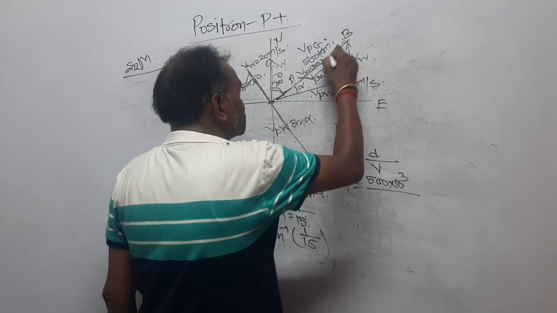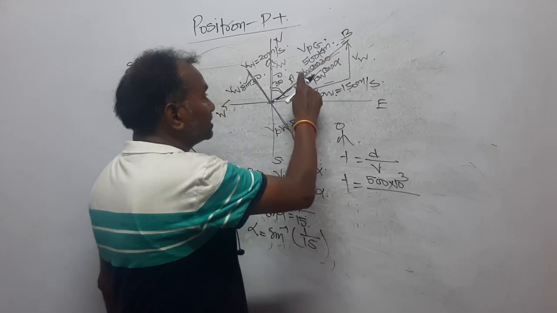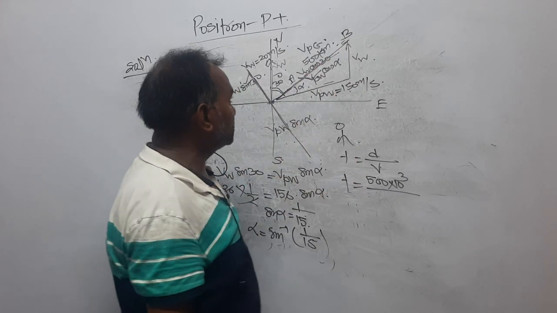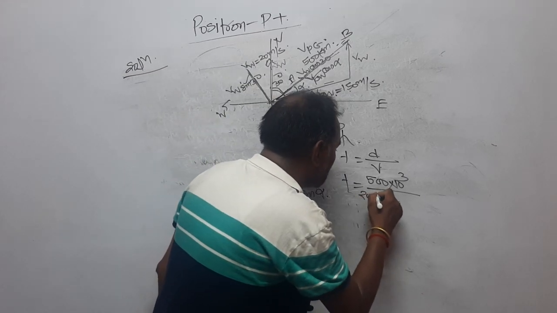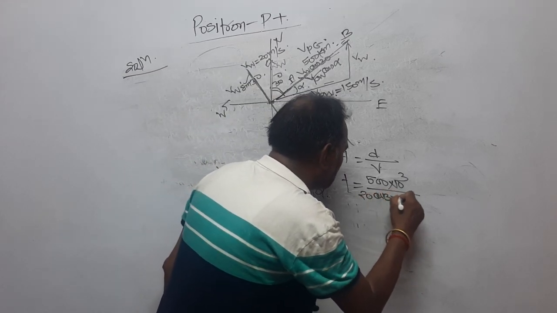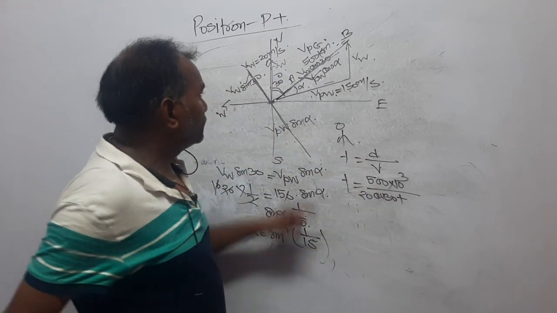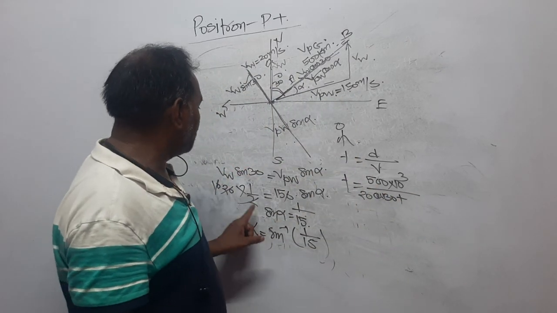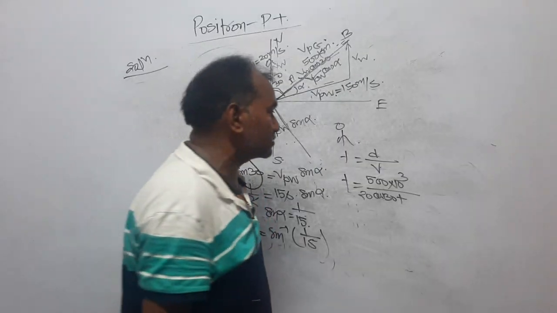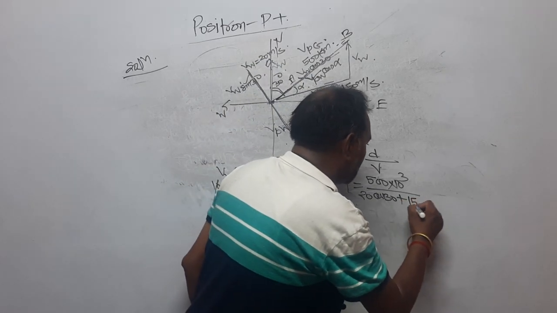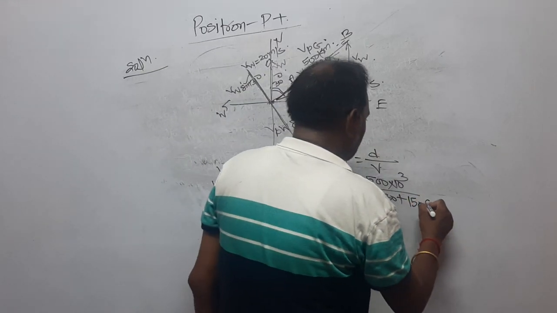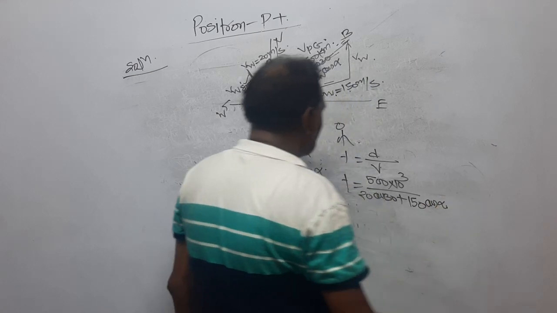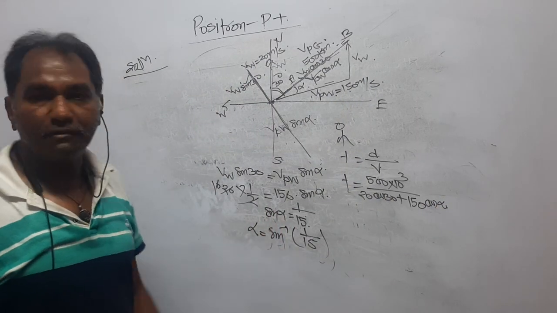Now the total velocity in this direction is what? That is VW cos 30. VW is the velocity of wind, which is 20, cos 30, plus VPW. VPW is 150, given in the question, and that is cos alpha. Now dear student, sin alpha is given to you.